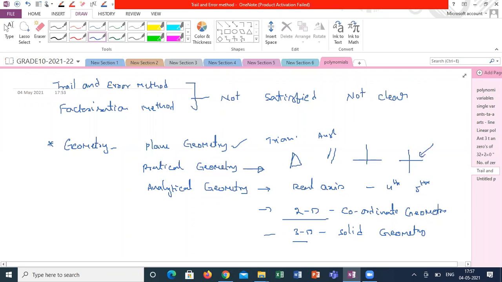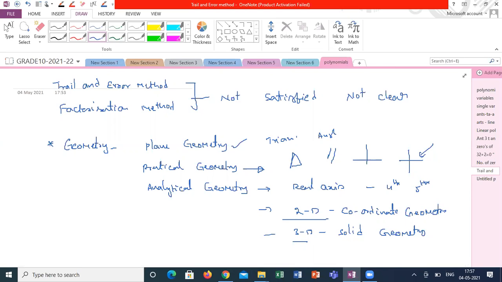So geometry is not only valid to discuss these things. There are many things in algebra and physics where we use geometry to prove certain things. It might be plane or analytical.